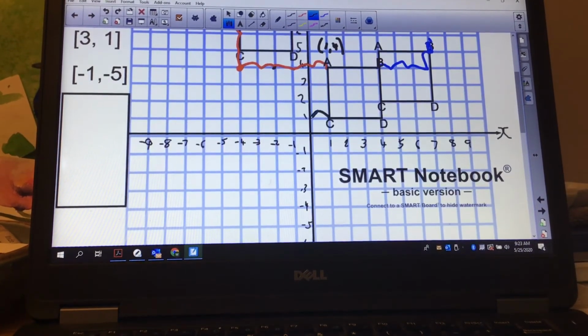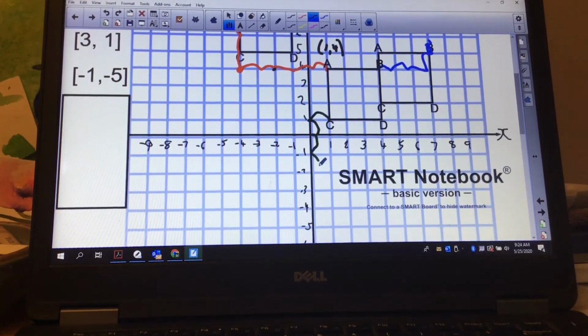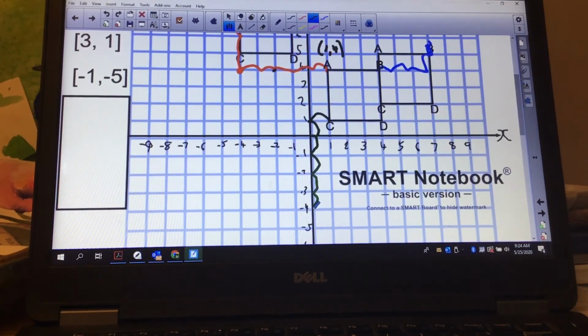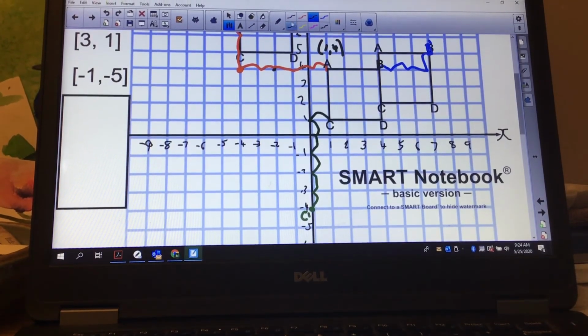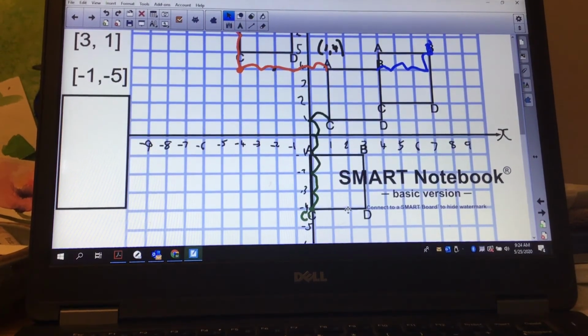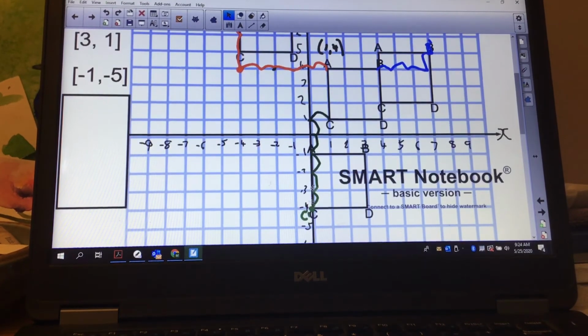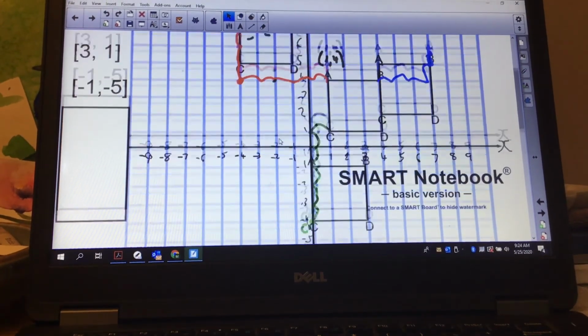So I move it left 1, and then I move it down 5. 1, 2, 3, 4, 5. So my new image of C is going to be right there. Then I can list off my other coordinates. Okay, so that is translations.